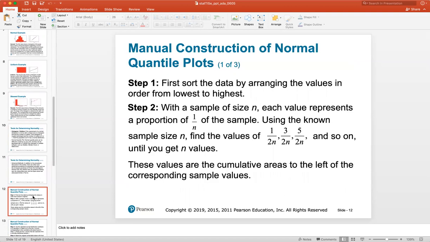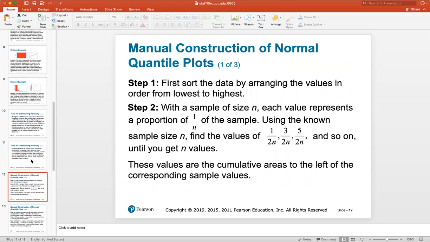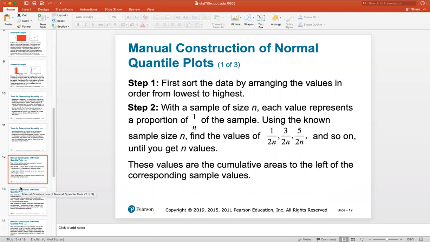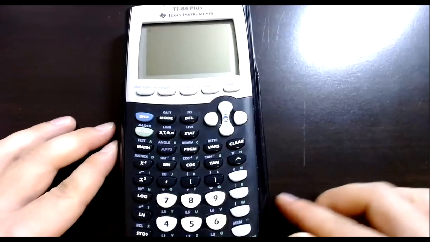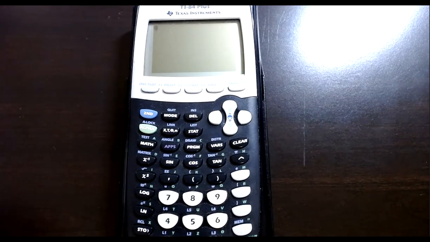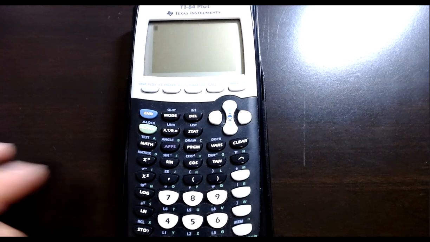Now let's see. The textbook introduced how to plot the normal quantile plot manually, but I'm not going to cover that. Instead, I'll show you how to do this using the calculator. In the calculator, first you need to enter the data, right?